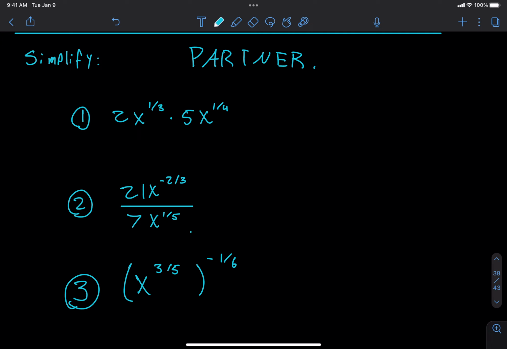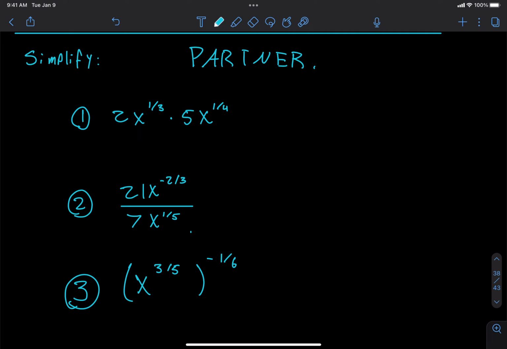Can I combine them? There was a rule that we learned at one point that said x to the a times x to the b. What do we get? So say, for example, x squared times x cubed. What do I do with those powers? You add them, right? x to the 5. So if I have x to the 1/3 times x to the 1/4, I'm going to use the same exact rule, right? I'm going to get x to the a plus b. So how do I do that?